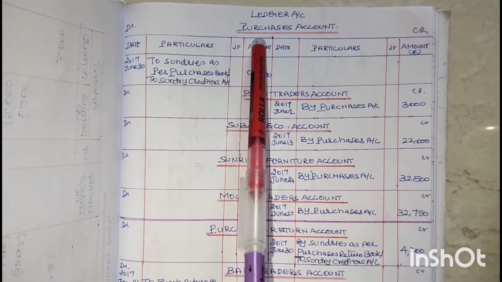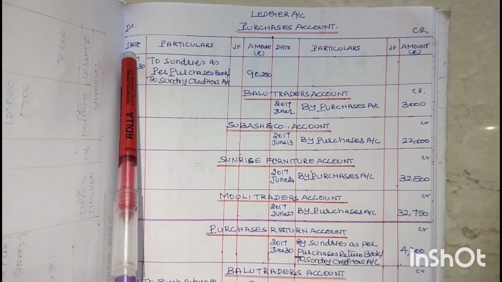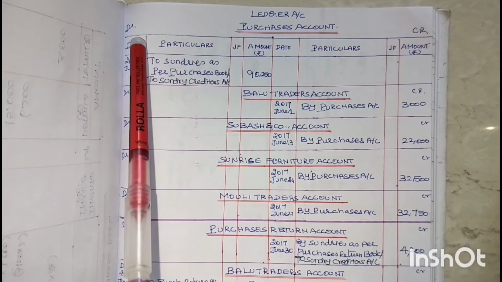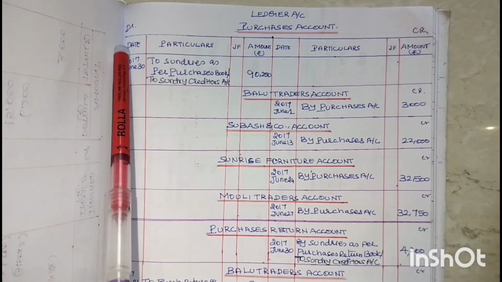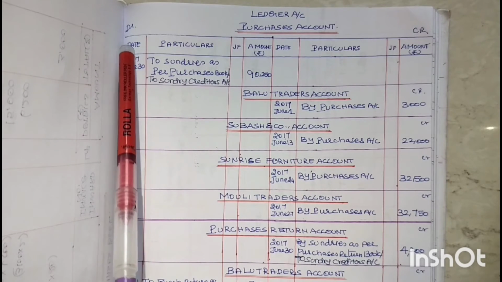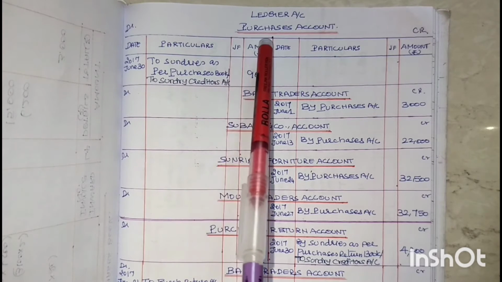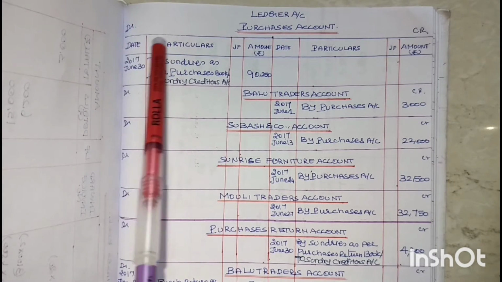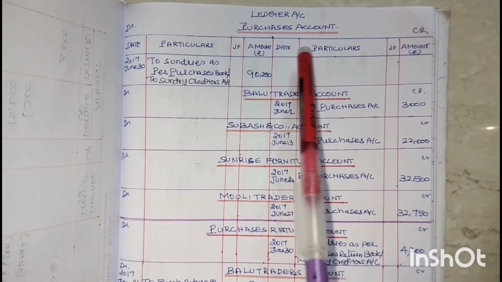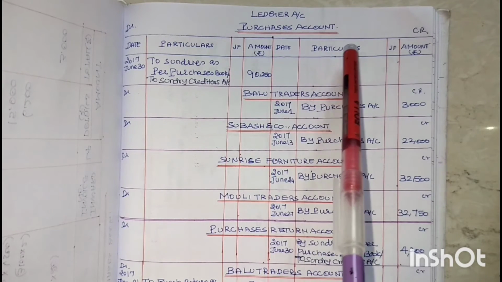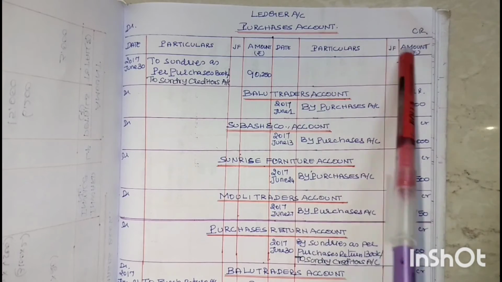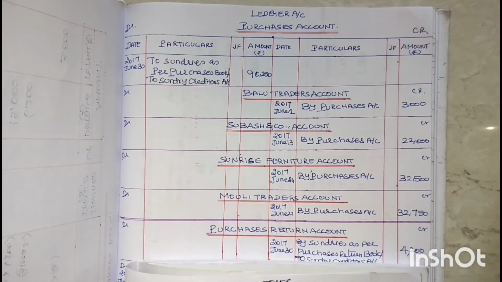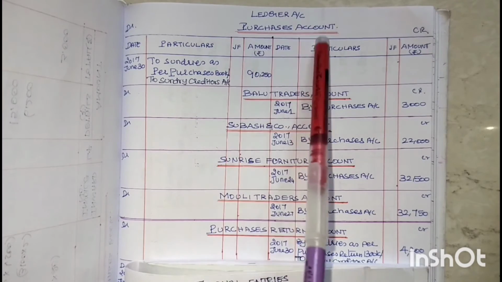The name of the account is Purchases Account. The format of the ledger is divided into two parts: a debit side and a credit side. The debit side has four columns: date, particulars, JF, amount in rupees. The debit side we call debtor, and the credit side also has four columns: date, particulars, JF, amount. The credit side we call creditor.